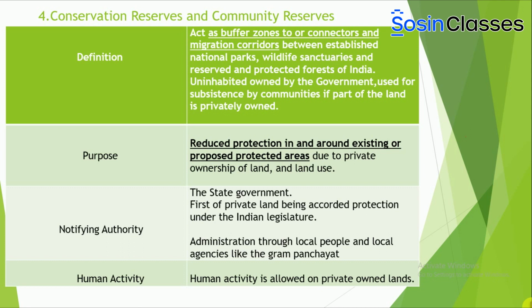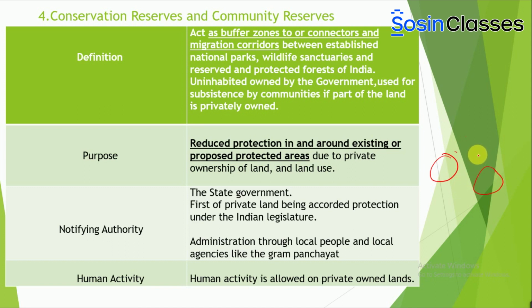Conservation reserves and community reserves. What are these reserves? Basically, these reserves act as a buffer zone between two or more protected areas. Say there are two protected areas, which can be two national parks, two sanctuaries, one sanctuary and one national park, or any other protected areas.